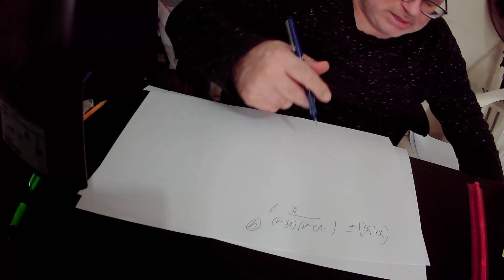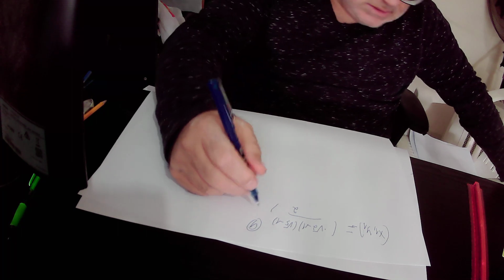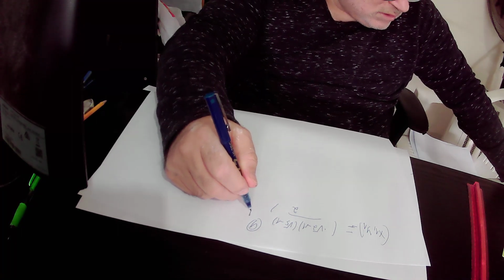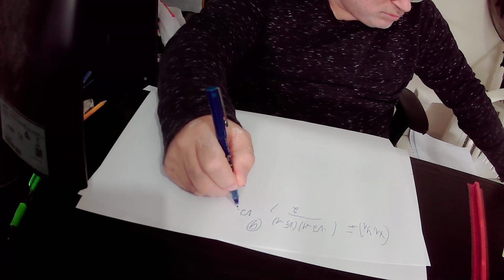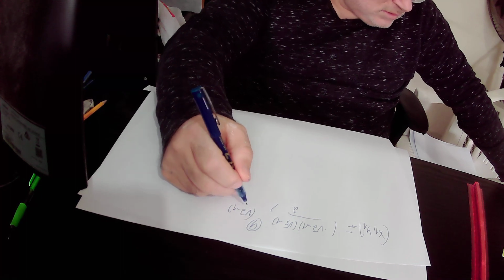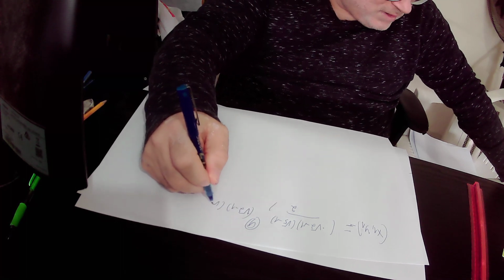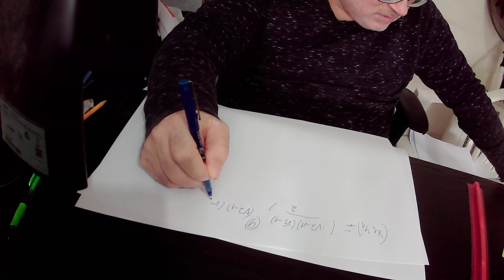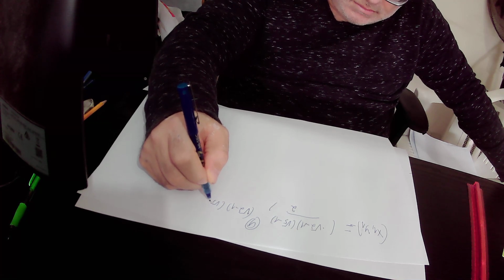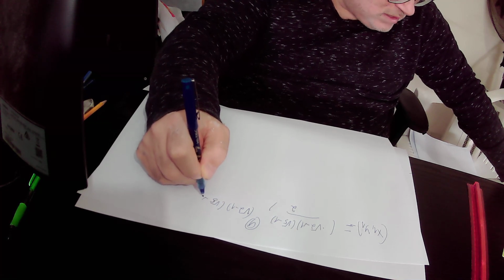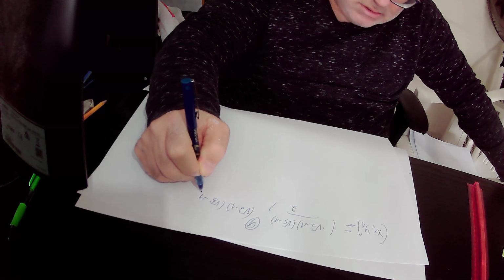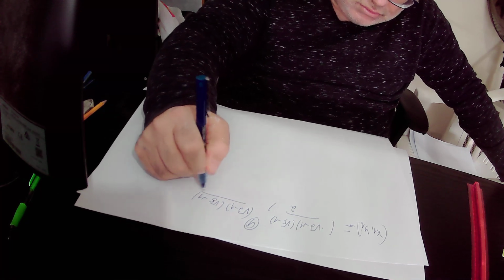Okay, so y1 is x2, that is actually square root of 2 minus 1 times square root of 5 plus 1 over 2.